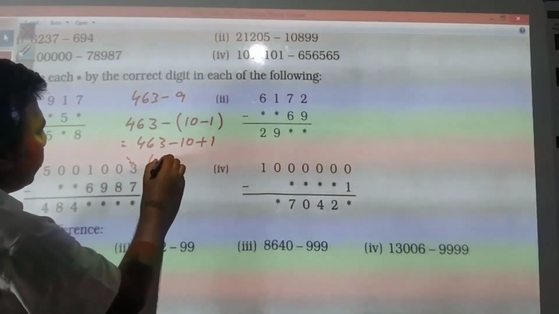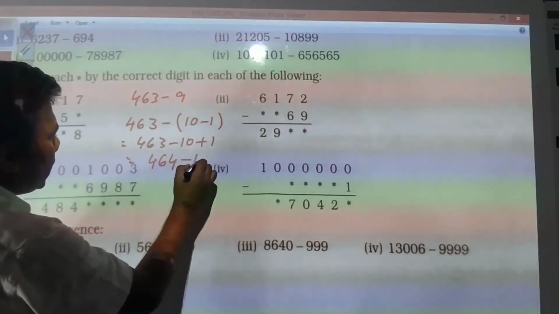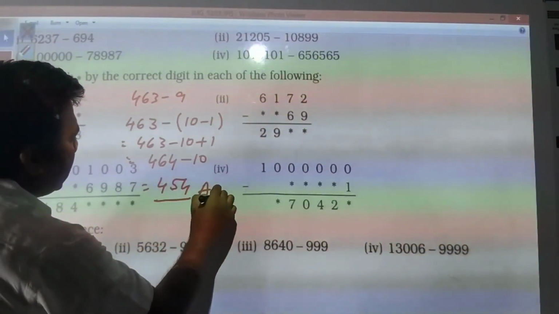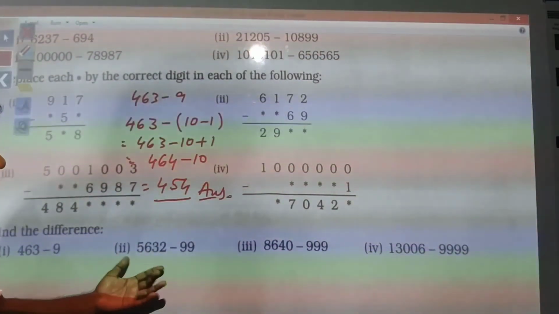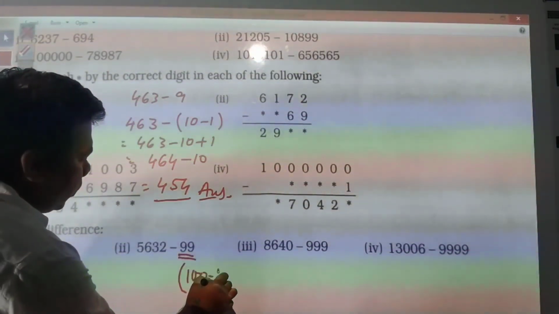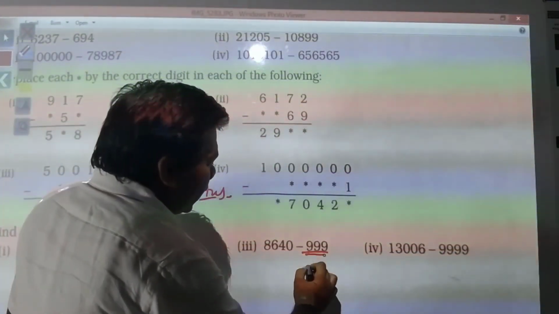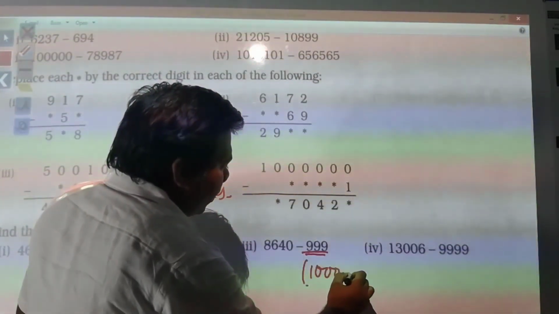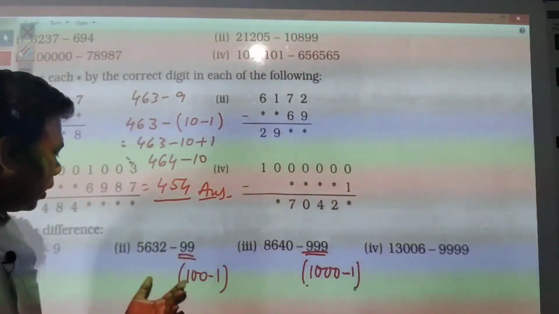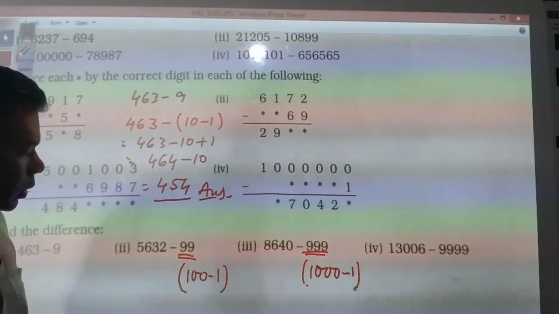And it will become 464 minus 10. It means 454. And this will be your answer. So in this way, this 99 can be written as 100 minus 1, 999 can be written as 1000 minus 1, and this is 10,000 minus 1. So in this way you simplify these questions.